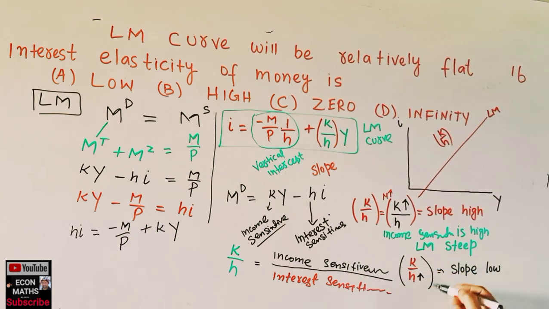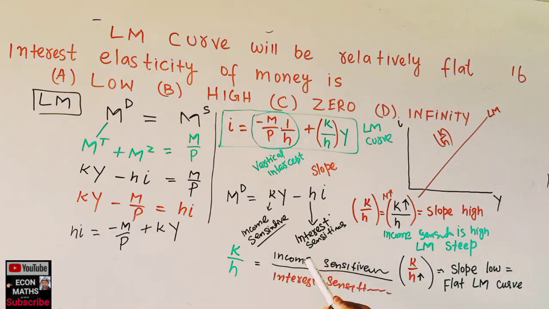If the denominator is greater than the numerator, this number is small. A small number means a small slope, and a small slope means a flat LM curve. I hope I am making myself clear here.